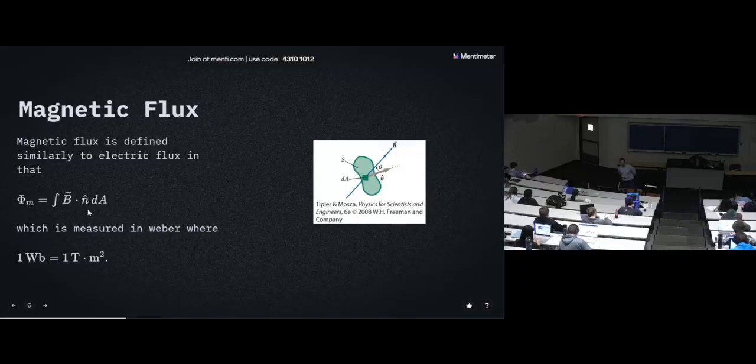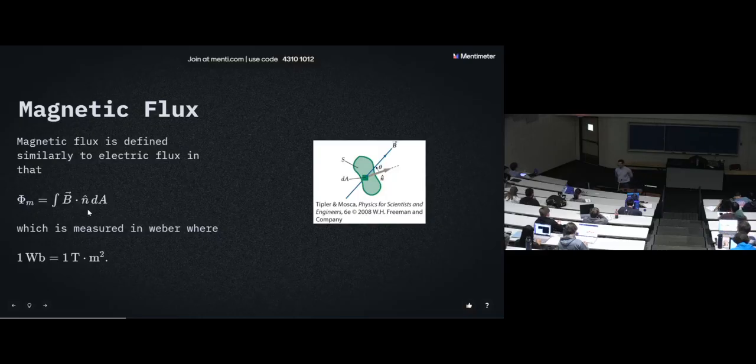For a constant magnetic field and a surface that has no curves to it, meaning the normal vector is not changing direction, magnetic flux, just like electric flux, is going to be BA cosine theta.